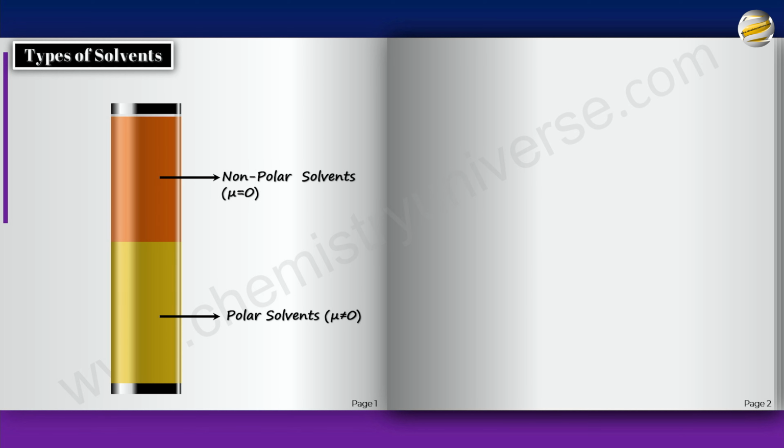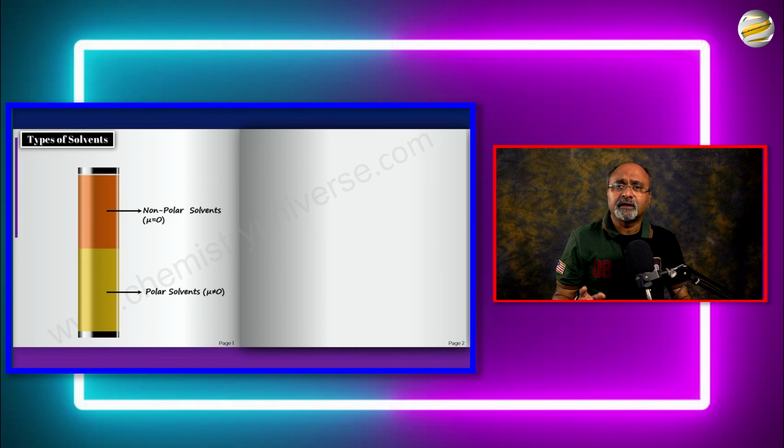And how do we distinguish between them? Well, polar solvents, as you can understand, are the ones which have a net dipole moment, whereas non-polar solvents like CCl4, like benzene, their net dipole moment is 0, and they are the non-polar solvents.